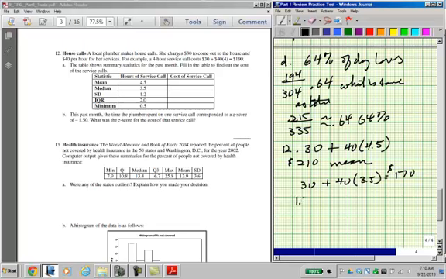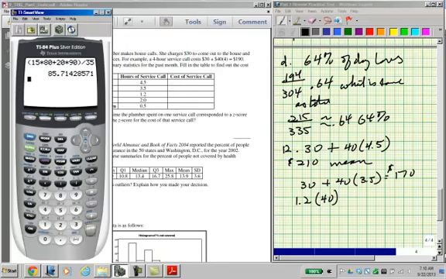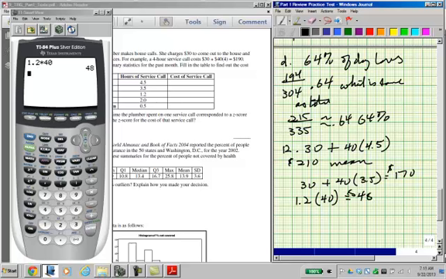So the standard deviation will be 1.2 times 40. So let's see. 20% of 40. Oh, I can't do this in my head. This is embarrassing. So 1.2 times 40. Okay, so standard deviation is $48.